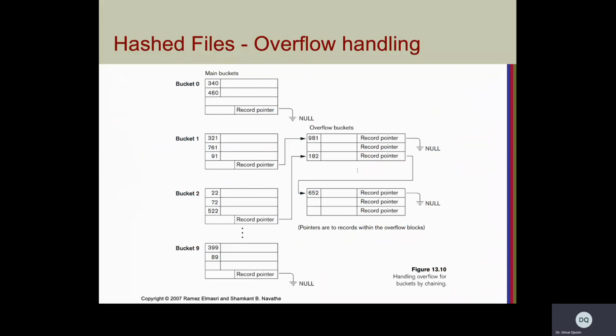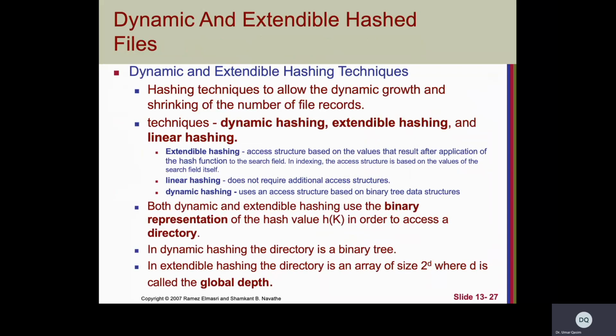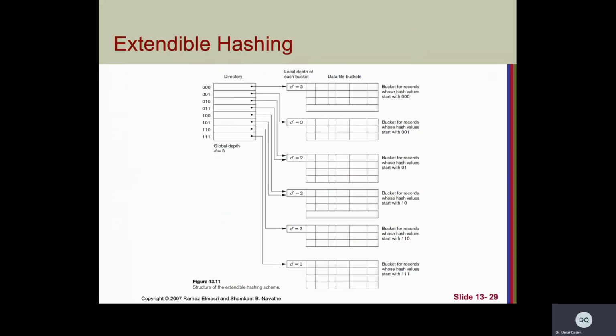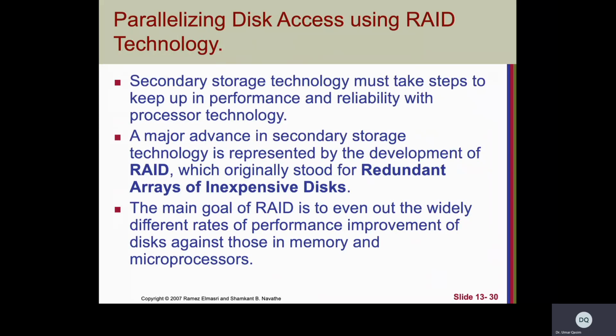So here is a visual display of how you can take care of overflow in hashing. There are some more concepts about dynamic and extendable hash files that you can further explore.